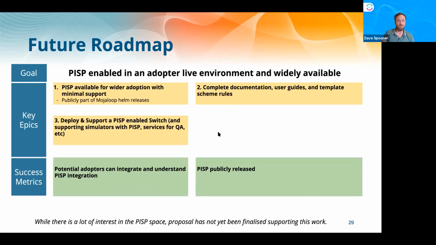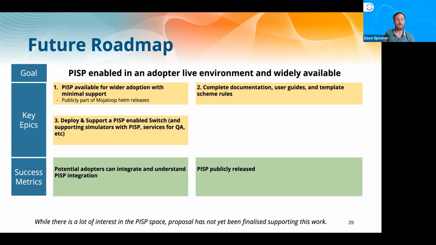I think going into the future from there is obviously getting PISP enabled and live, and the key being widely available. So rather than requiring a lot of support from the community, we want to have this very self-serve, with one, it being publicly part of the Mojaloop Helm releases, two, obviously complete documentation, user guides, templated scheme rules, so everything that you can just pick up and run with this with minimal input from the community.